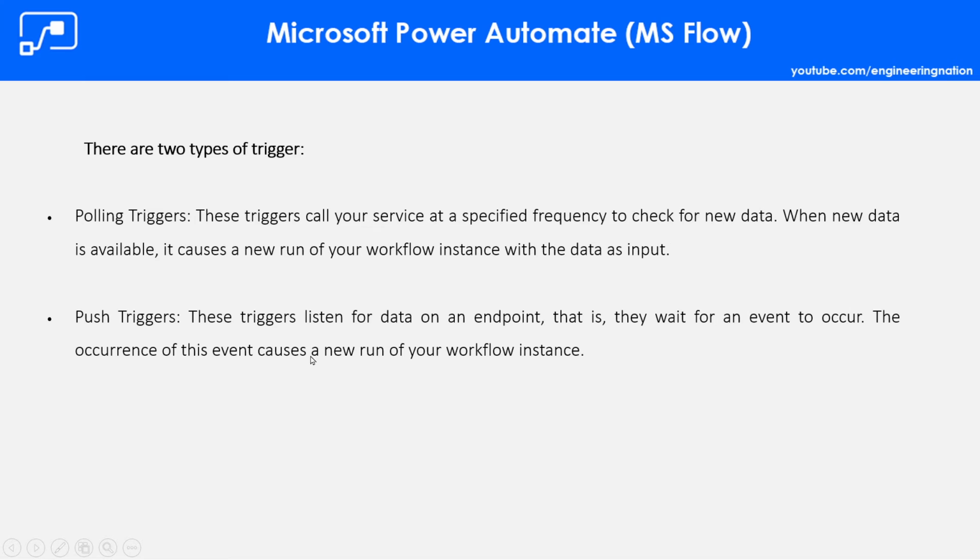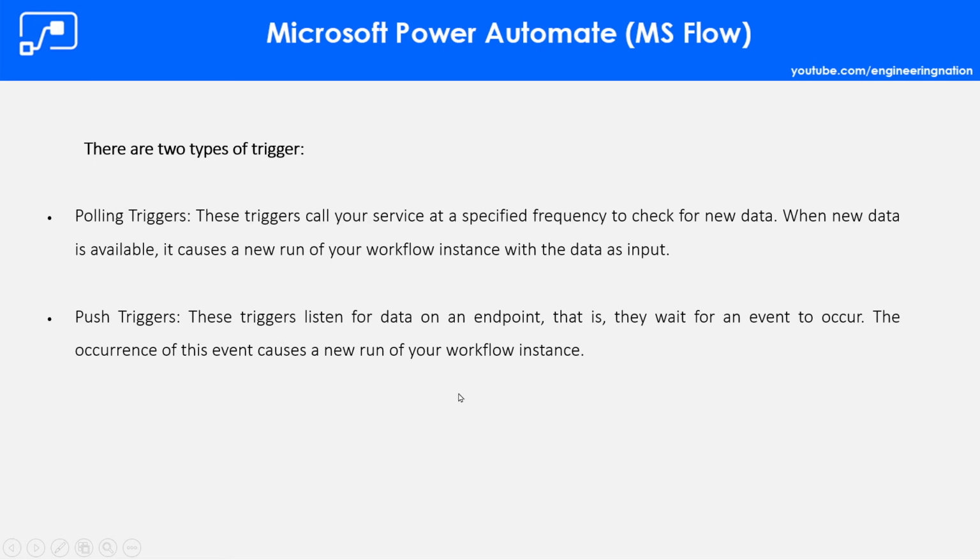It will act only when new data arrives. When an event occurs, only then will it trigger. In a polling trigger it checks the data frequently, but here it will wait for an event, and once the event occurs, it will run your workflow.